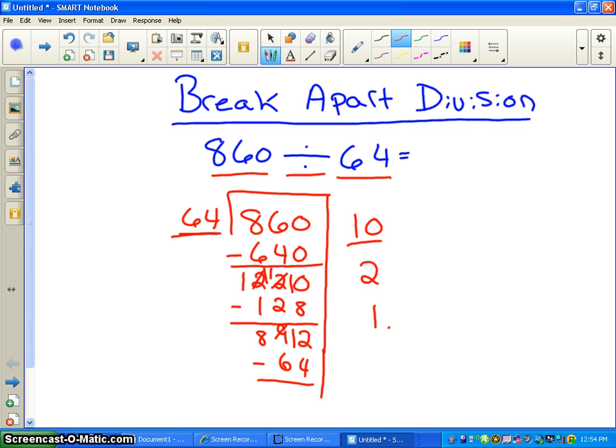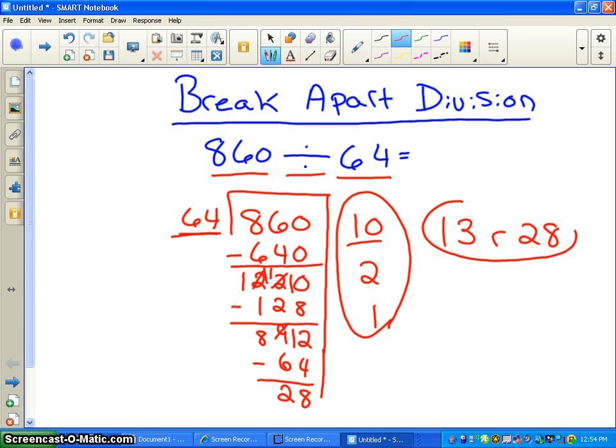So now 12 minus 4 is 8. I know that 8 minus 6 equals 2. So now what do I do? Well, I know my answer here is 13, and I have a remainder, and my remainder is 28. That is a good way to do the break apart division.